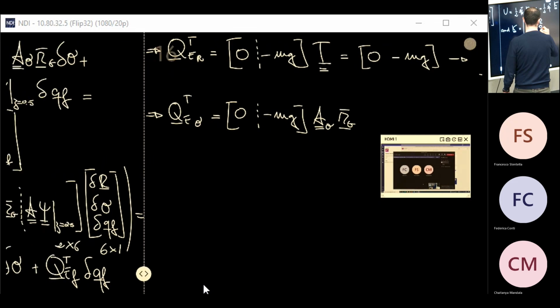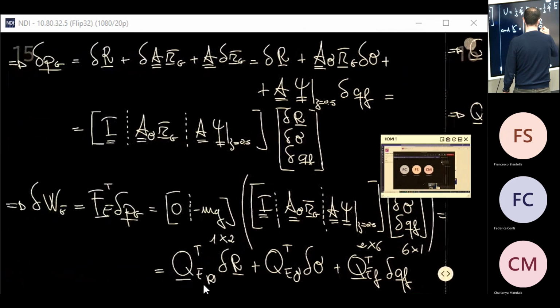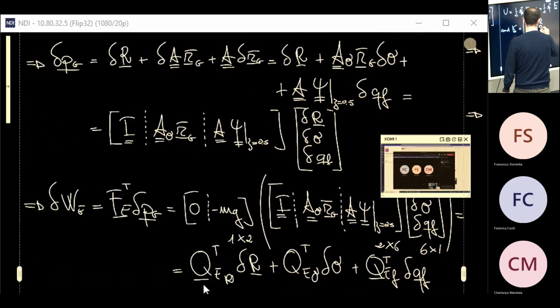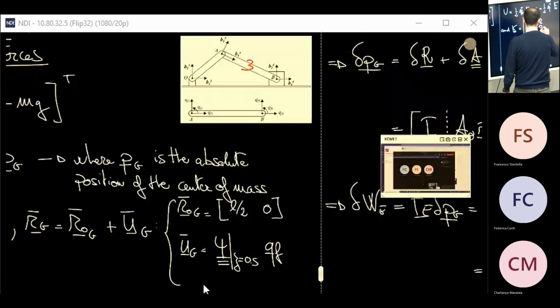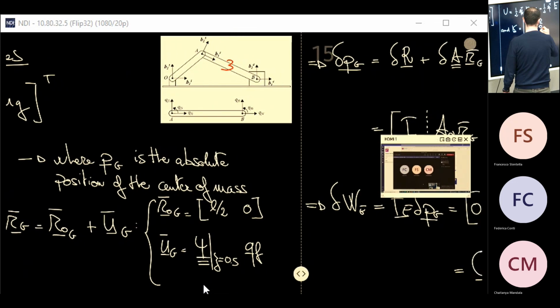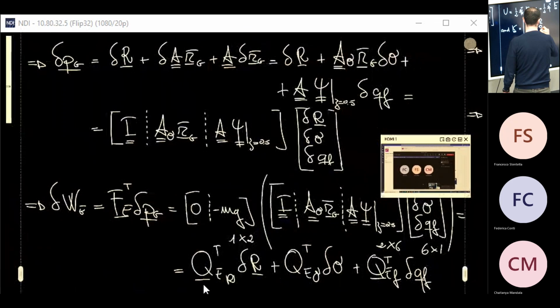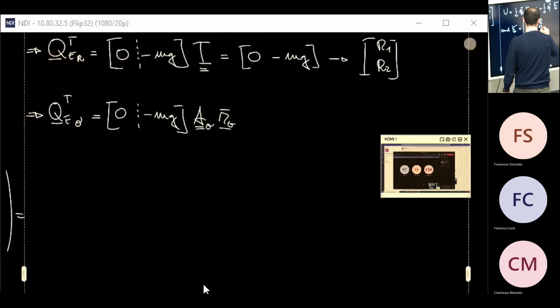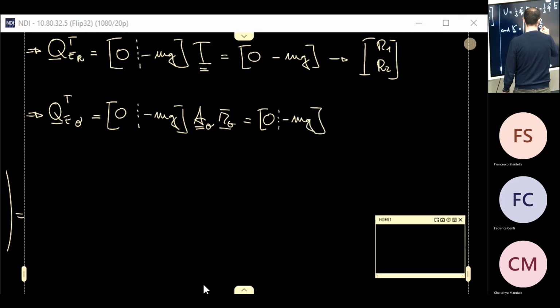Rg we have already defined, if you remember. Rg is this one, R0g plus ug. So we can estimate this quantity. And it's the following. Very easy.